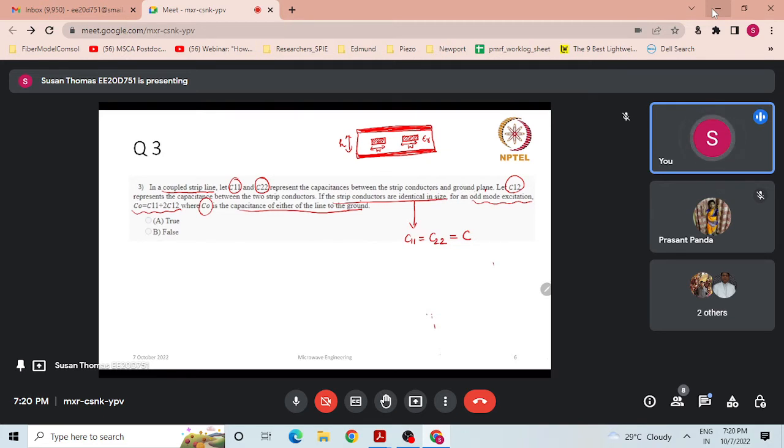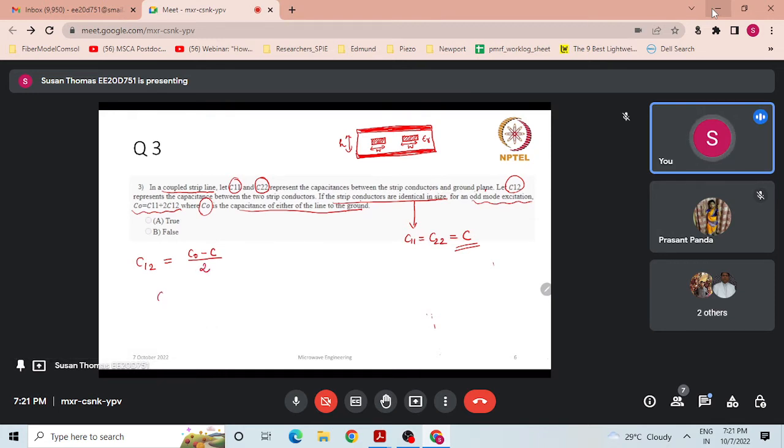So let me brief. As I said, C12 is the capacitance between the two strip conductors. So it can be written as C0 minus C11 or C22. Both are same, so I can write it as C by 2.